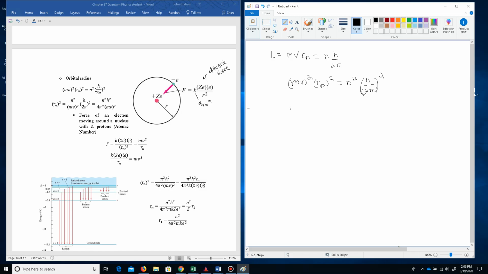And then I solve this for n squared. So I divide the mv squared over. And then if we notice, everything here is being squared. But we don't want to just automatically take the square root. That's not going to help us.